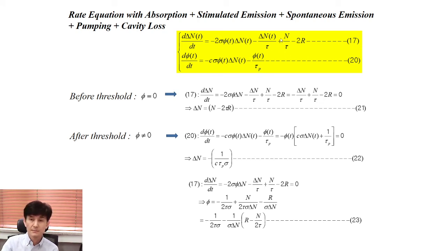It is similar to the relaxation of the excited state atoms with N2 over tau, and similarly we have a photon relaxation rate, minus phi over tau p.